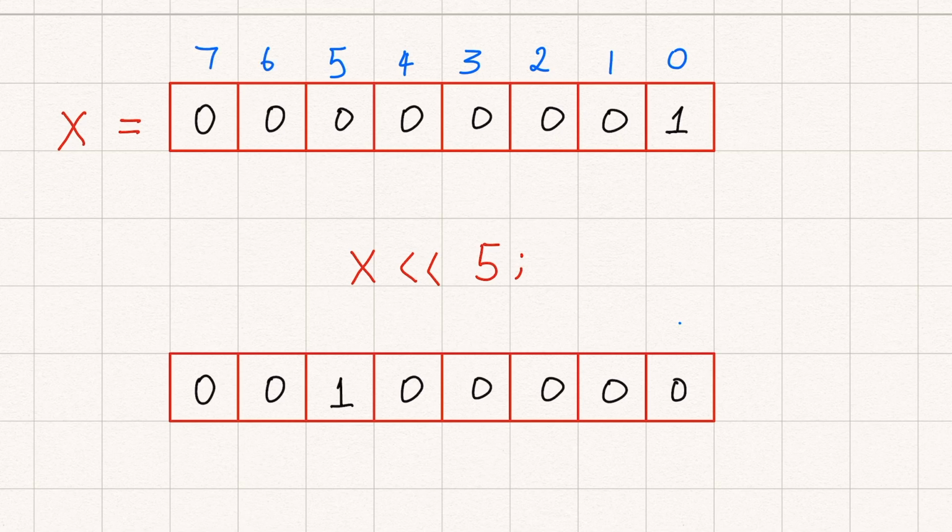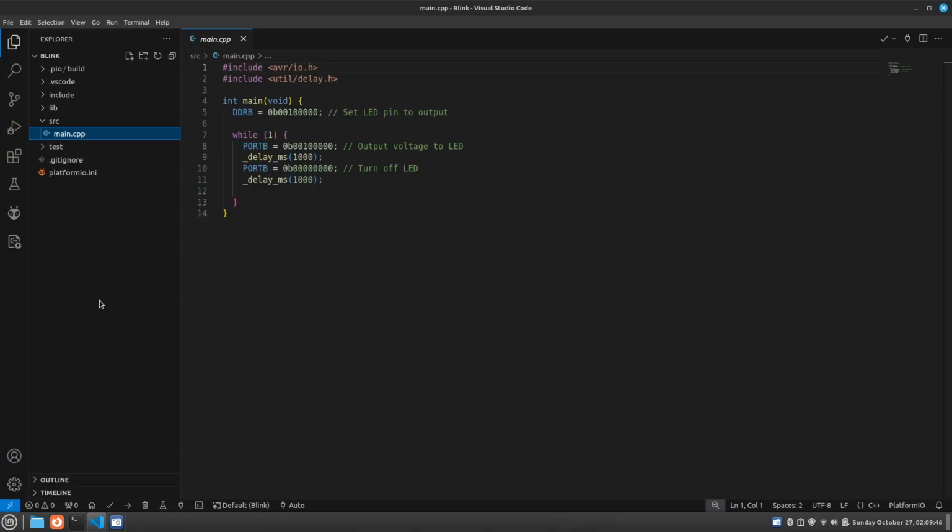And likewise here we will have the same. Now we shifted x by 5 places. And notice, after shifting x by 5 places, the 5th index now has a value of 1. This will be very important and very useful when we now program.